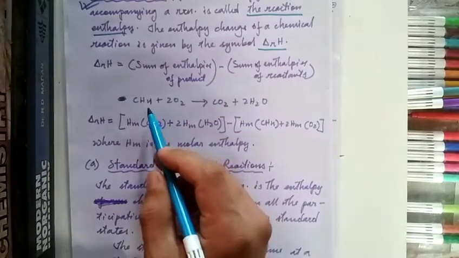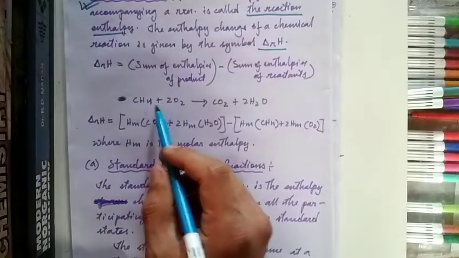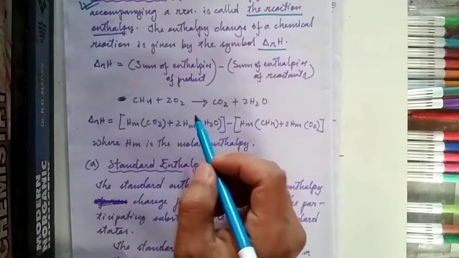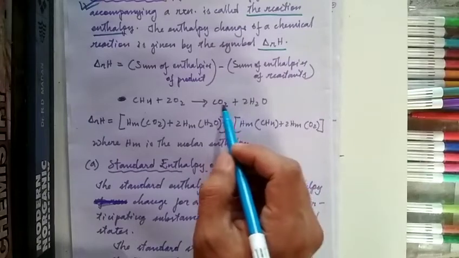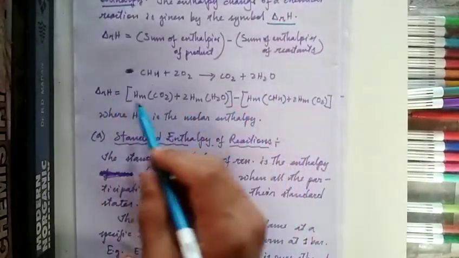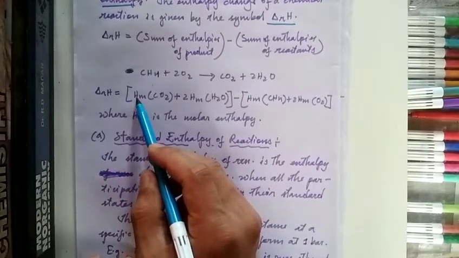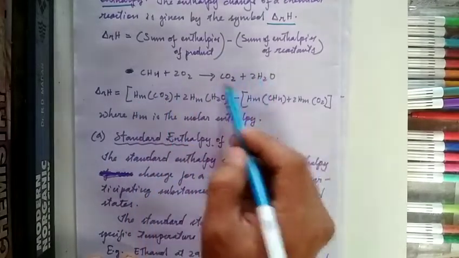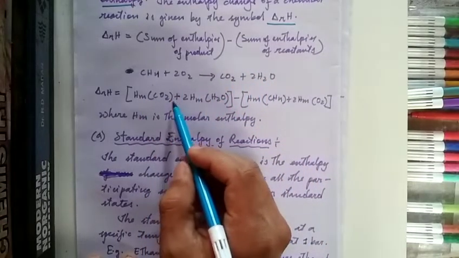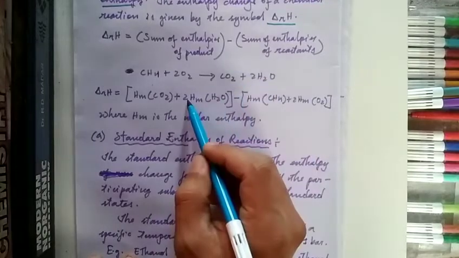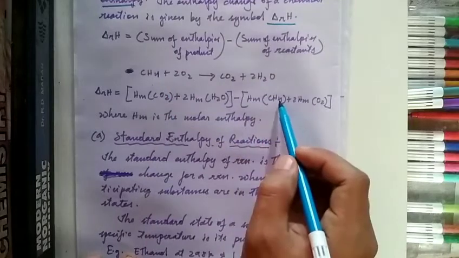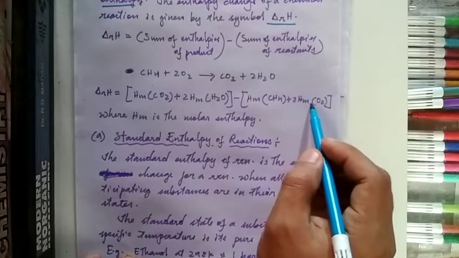For example, taking this reaction, 1 mole of methane reacts with 2 moles of oxygen to give 1 mole of carbon dioxide and 2 moles of water. In a simple way you can write it like this: the enthalpy of carbon dioxide in the product, plus 2 moles of the enthalpy of H2O, minus the reactants, the enthalpy of methane plus 2 times the enthalpy of oxygen.